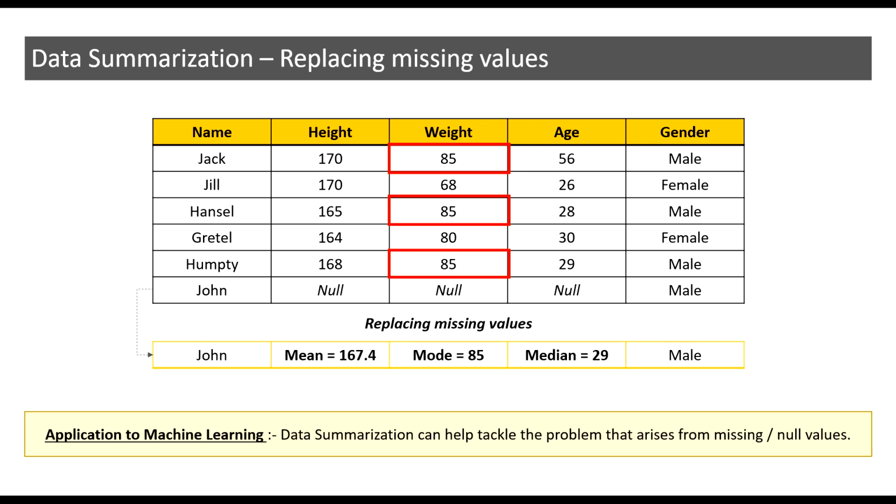And finally, we replace John's age with the median value of 29, as we can observe that Jack's age, 56 years, seems to be an outlier in this case. So, this is an example of how central tendencies can help tackle the problem of missing values in machine learning.